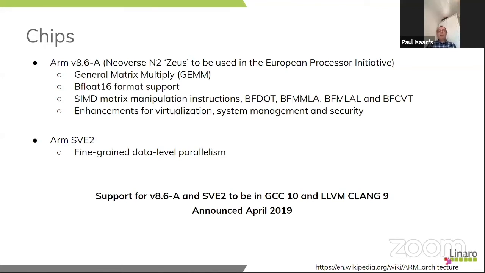And what that means is a more efficient way of handling floating point numbers at the 16-bit level. Now, the likes of Google and Intel have announced support for this. We're still waiting for support from NVIDIA for bfloat16. So there's not a huge amount of vendors at the moment at this level.